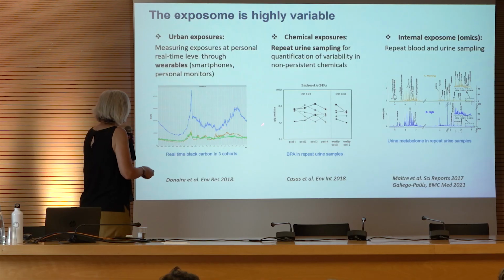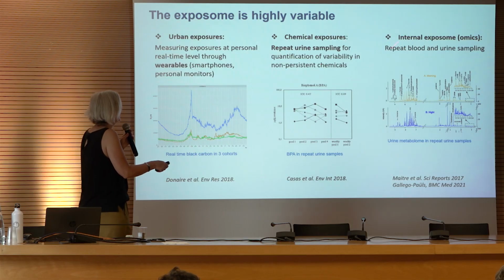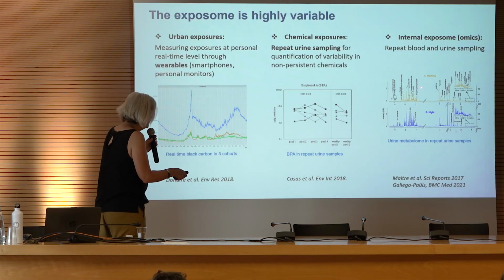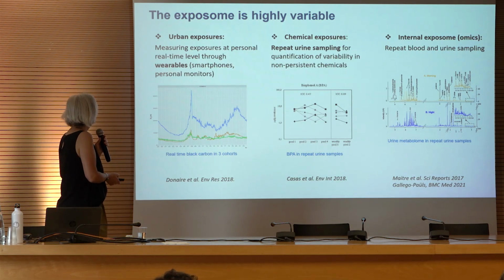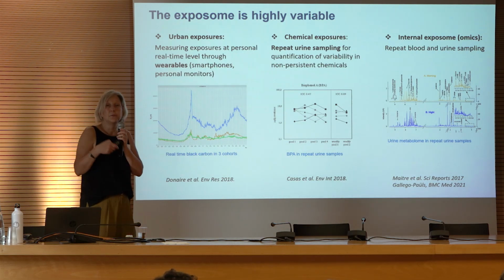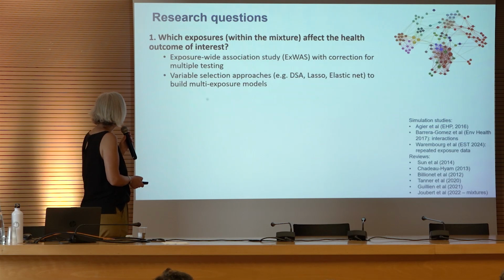And basically the picture is similar for these urban exposures, for a lot of the chemical exposures, and also for some of our omic signals. Basically they vary a lot from day to day. So that is something to keep in mind when you interpret results from these types of studies.